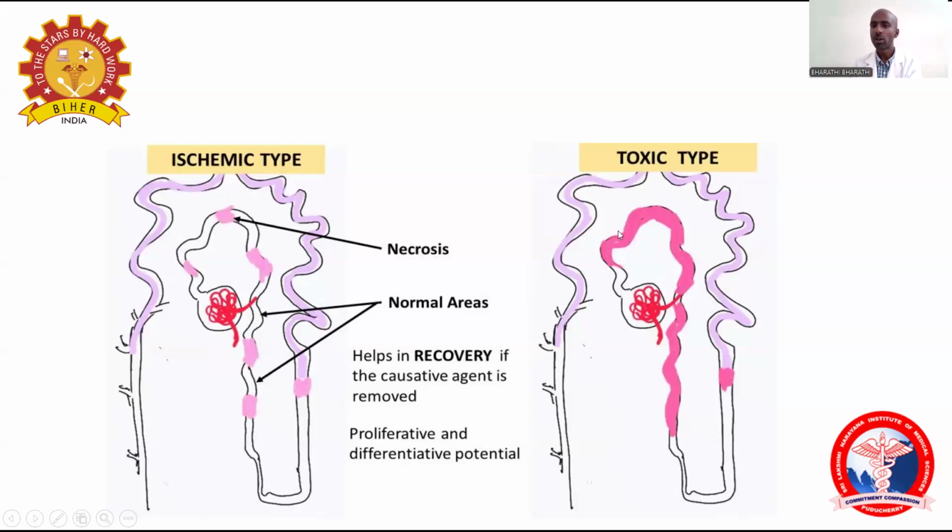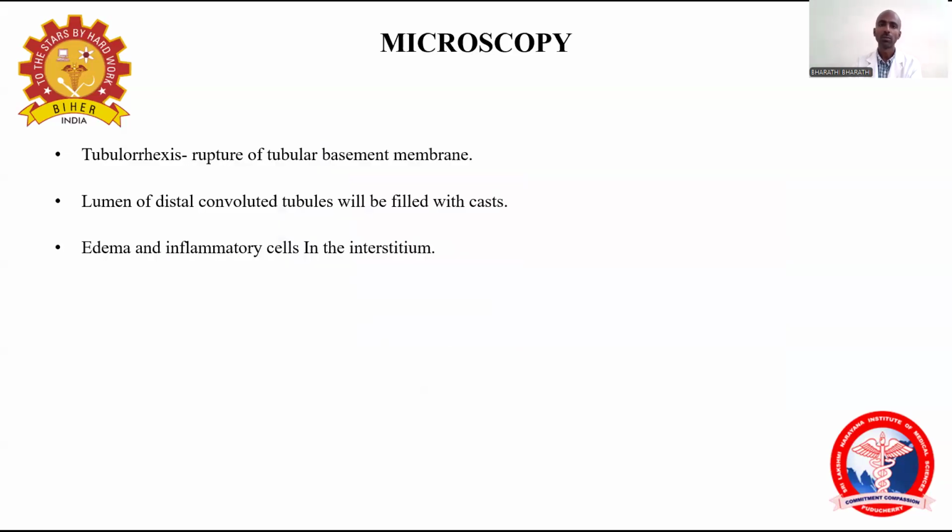And in case of a toxic type of injury, it will affect the whole of the proximal convoluted tubule, and some part of the distal convoluted tubules also. On microscopy, we will see tubulorrhexis, that is the rupture of the basement membrane, and the cells will shed out into the tubular lumen.